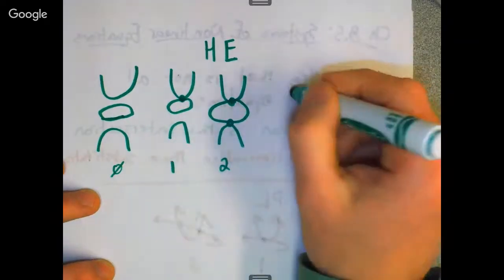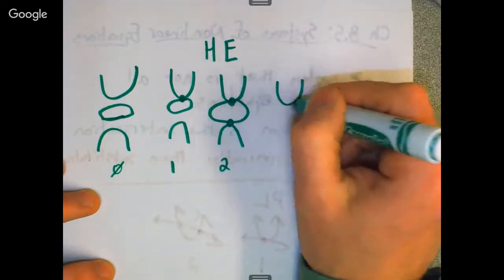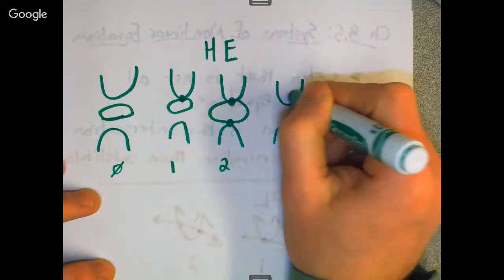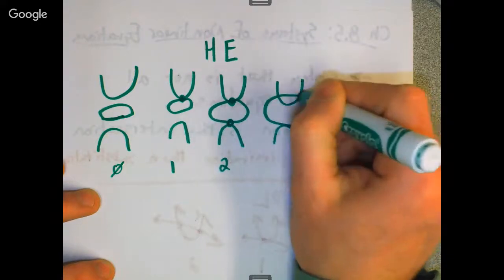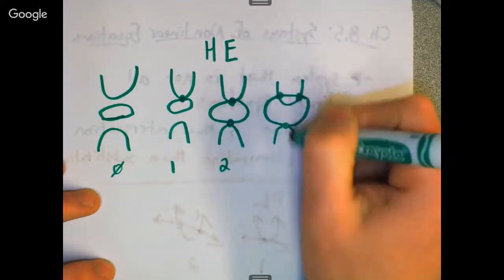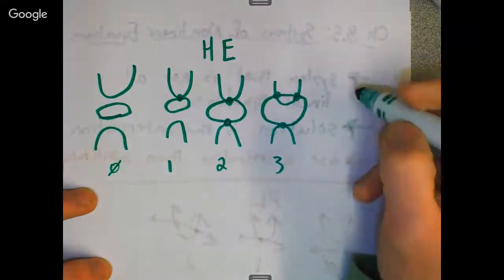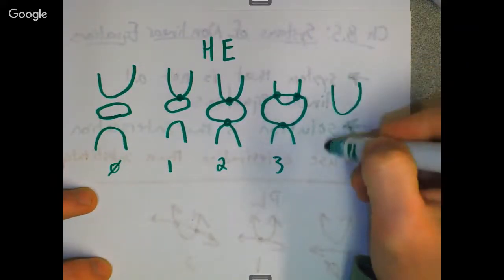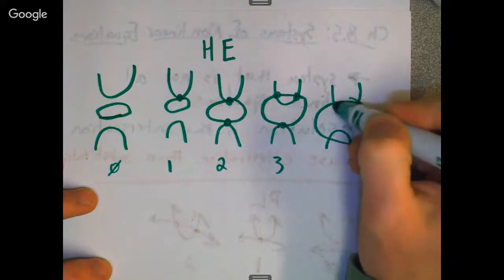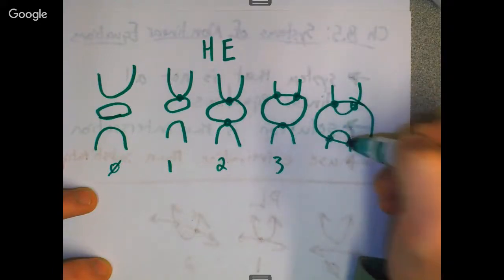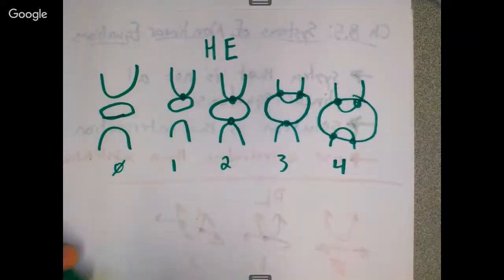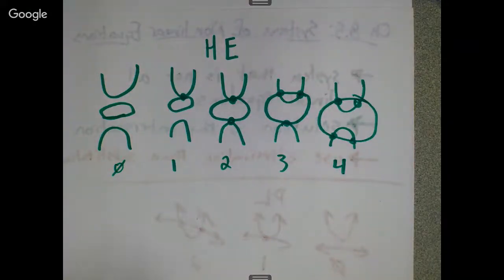They could intersect 3 times, maybe there and there, 1, 2, 3. And then they could intersect 4 times: 1, 2, 3, 4. Those are the types of solutions you could be looking for.